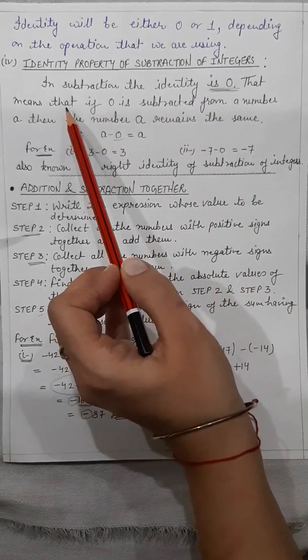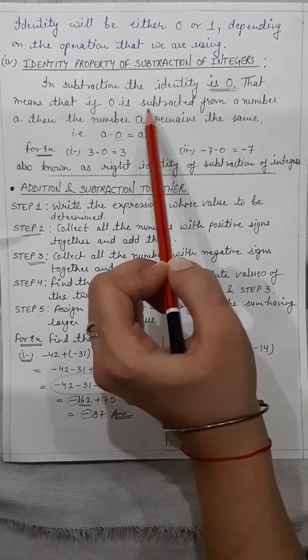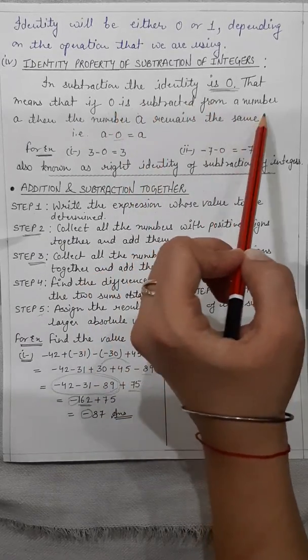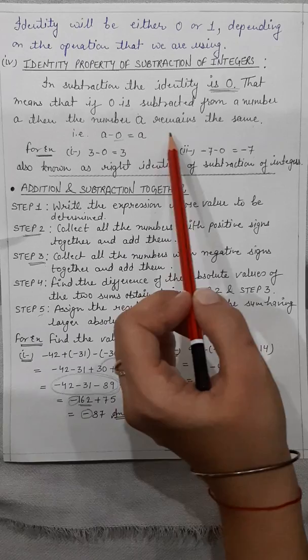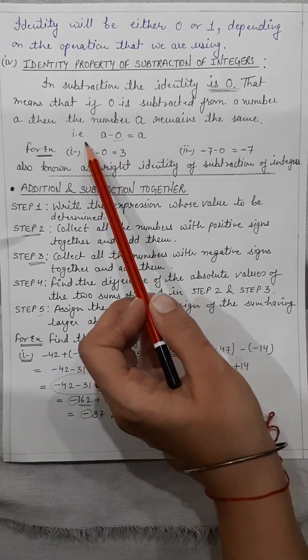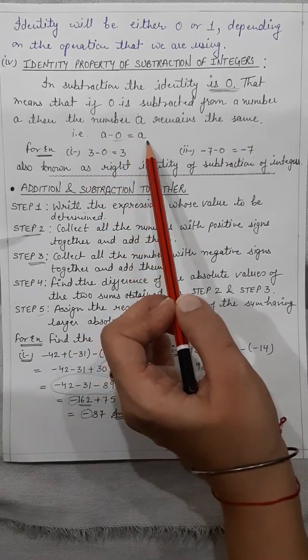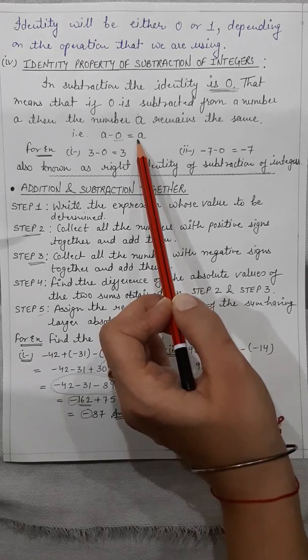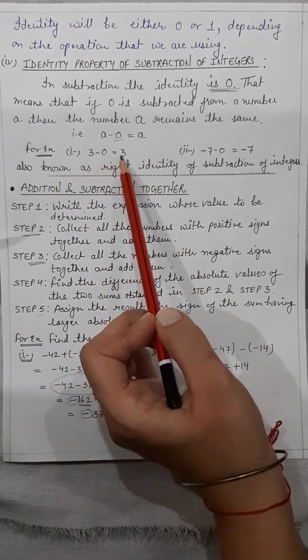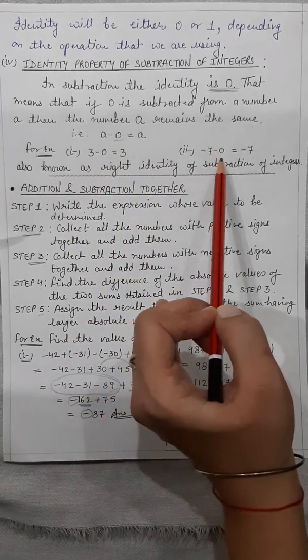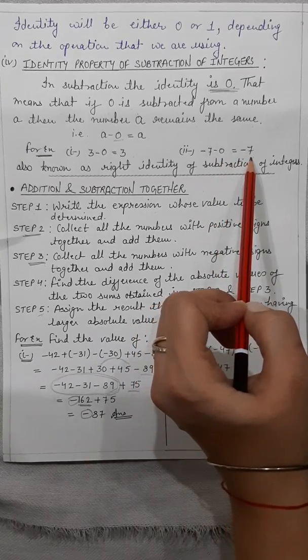That means if we subtract 0 from a number, then the number remains itself. That is, a minus 0 is a. Clear? For example, 3 minus 0 is 3. Minus 7 minus 0 is minus 7.